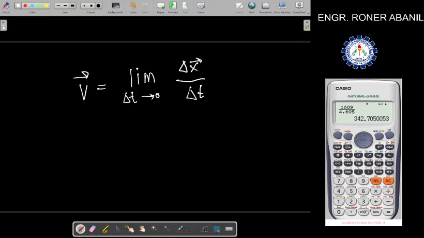However, the ratio of the change in distance over the change of time does not become zero, but rather approaches the value of the instantaneous velocity. Okay? So, yung tinatawag na instantaneous velocity.